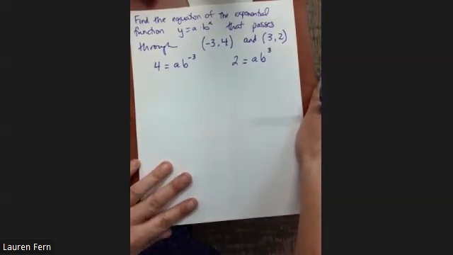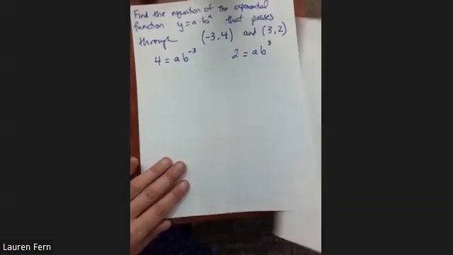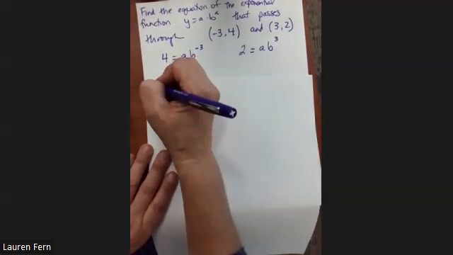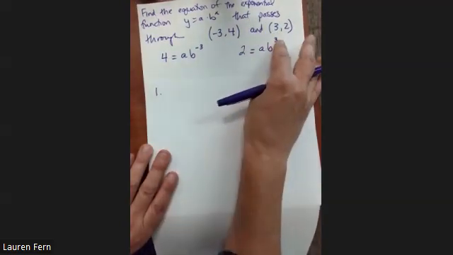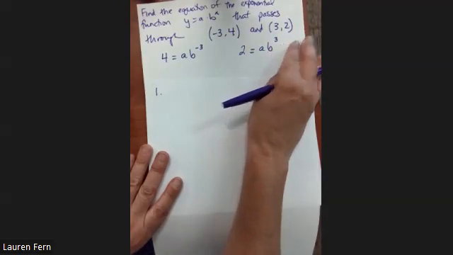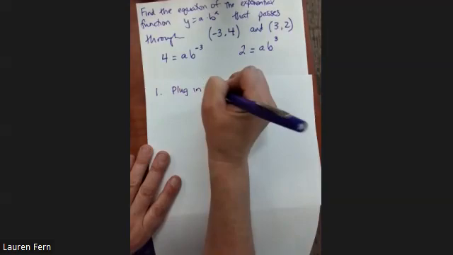Okay, so now I'm going to write out the steps on another sheet of paper, and we'll have these with us. Okay, so step 1, this is when you want to find the equation of an exponential function and your ordered pairs are not very nice. Plug in your ordered pairs.